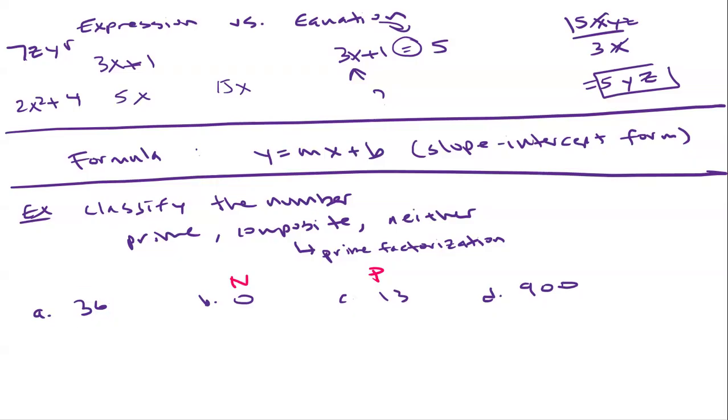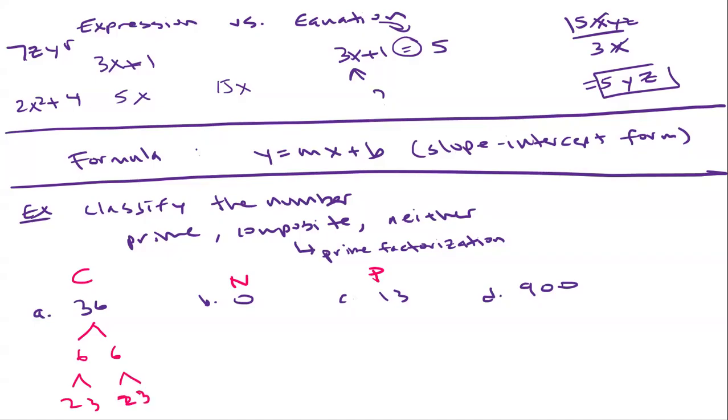Before we talk about that, let's go ahead and break this down. We have 36, a composite number. We can do 1 and 36, but that's not going to help us. So we choose a different pair, 6 and 6. Then we can break down 6 and 6 as 2 and 3, and 2 and 3.